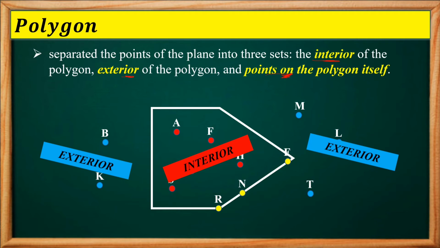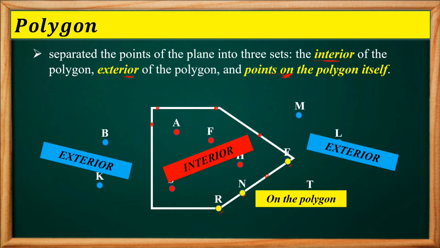Now, as you observe, meron tayong mga point na nandito, nandyan siya mismo sa polygon natin. It is on the polygon, therefore, it is a point on the polygon. Nakapatong siya mismo. Pwede rin dito. As long as nakapatong siya sa polygon natin, it is what we call a point on the polygon.